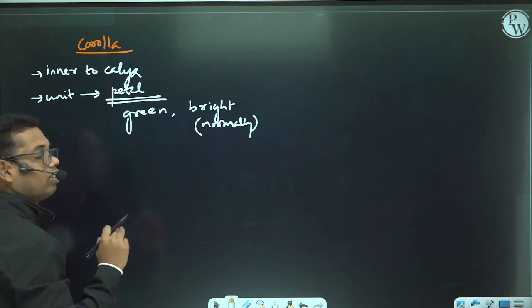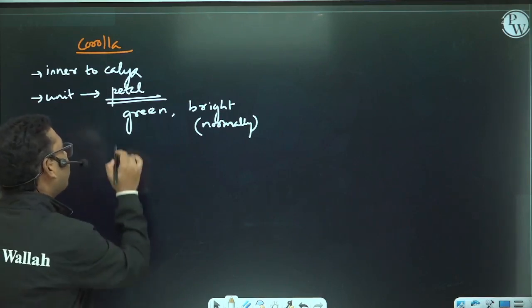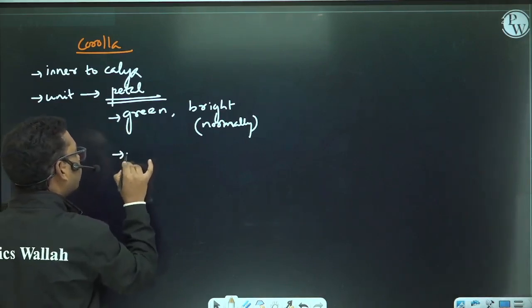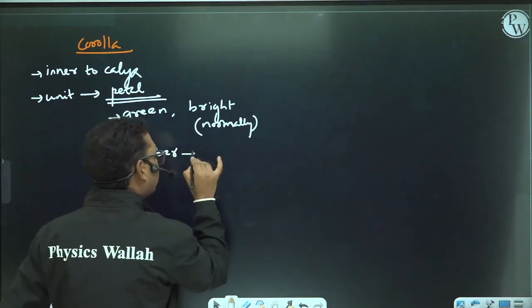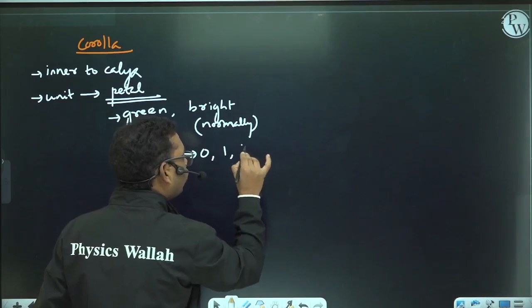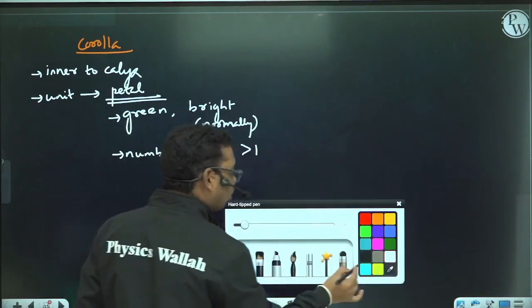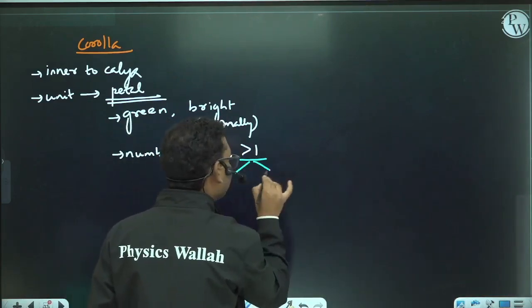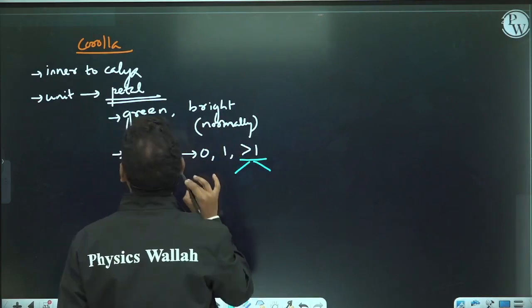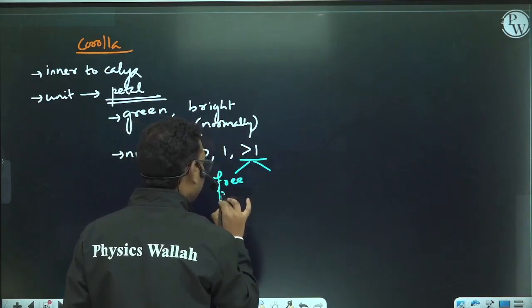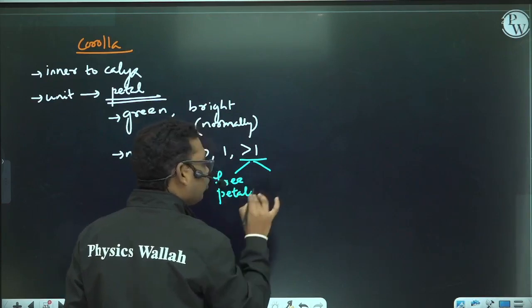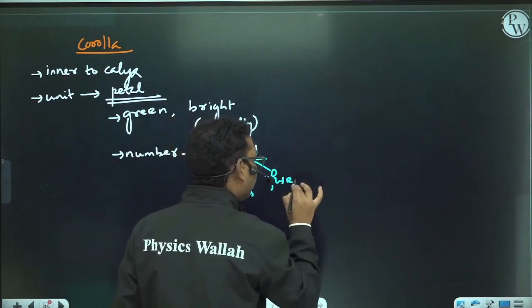If they are bright in color, they will help in pollination. The number of petals per flower can be 0, 1, or more than 1. If they are more than 1, there are two possibilities: the petals will be free, or the petals may be fused.